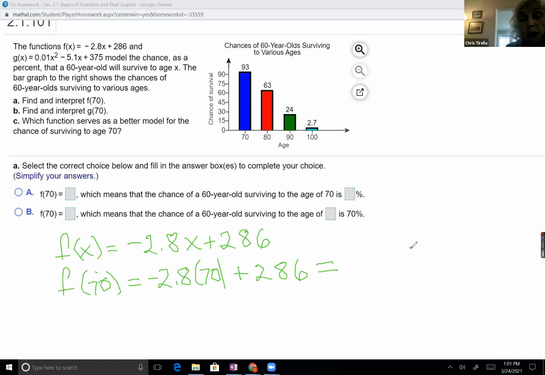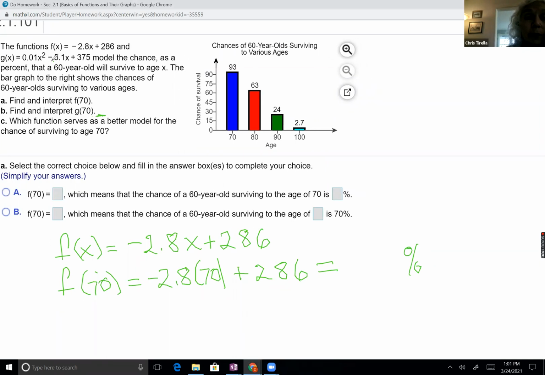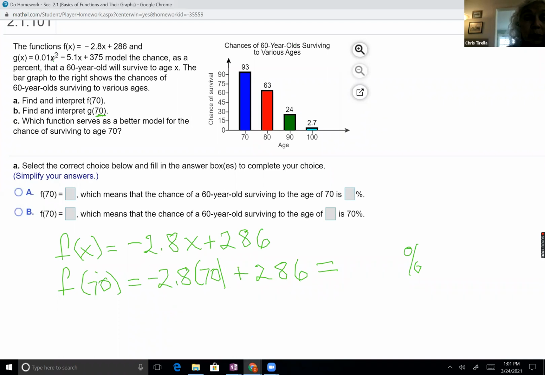So it'll be whatever that number is, that percent chance that somebody who's 60 now will live to the age of 70. Then you're going to do the same thing, plugging in 70 for x in that other one, g. And then we're going to look at the graph, and the graph says that the actual chance was 93. So you're going to say which of those two is closer to 93?